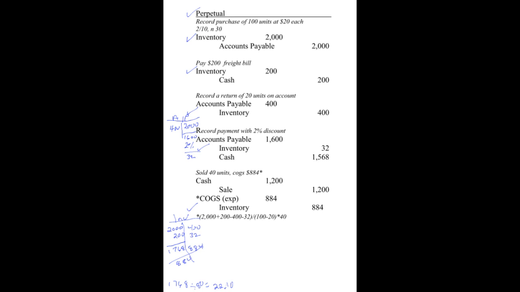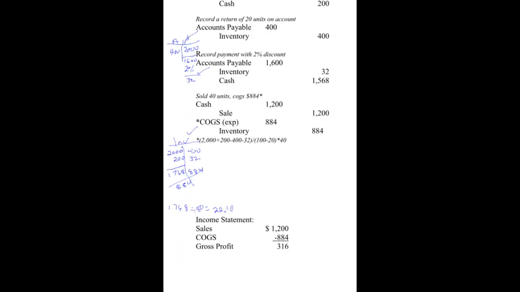Let's drop down a little bit and see what this might look like on an income statement. Notice that we have income of $1,200 from our sale. We have a cost of goods sold of $884, and using this method, our gross profit to date is $316. Well, that completes our look at perpetual inventory.